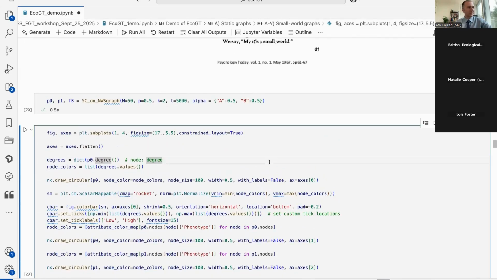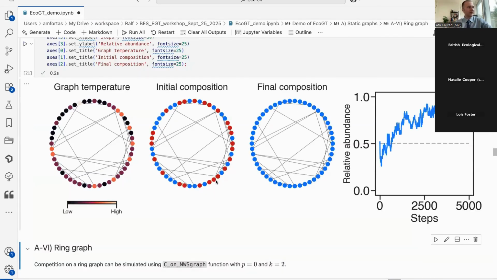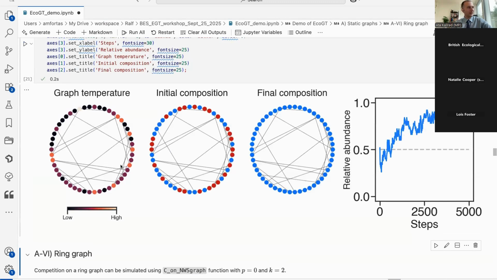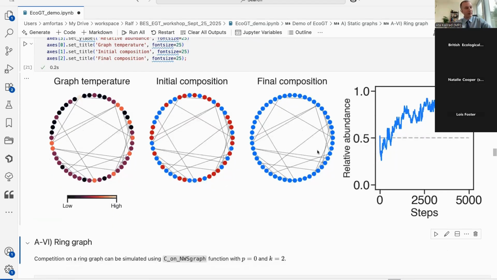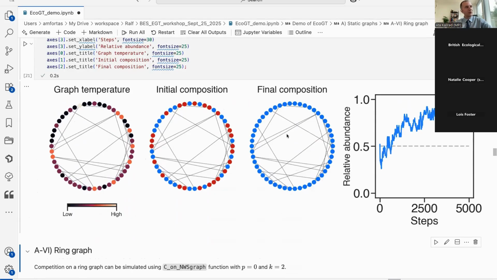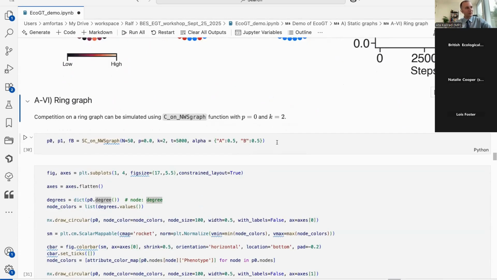Any sort of a small world version can be used. And here, for example, this is a randomly generated small world graph with variance in graph temperature and then the initial and final composition. And so the more extreme case of this is that you can use a ring graph.